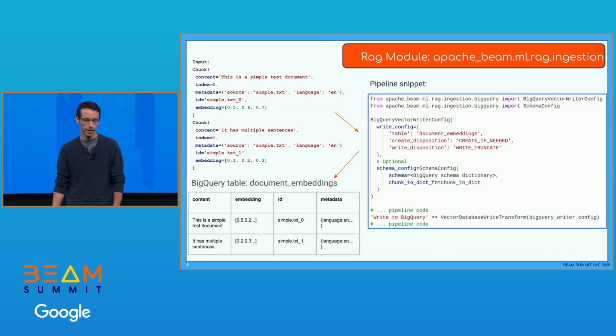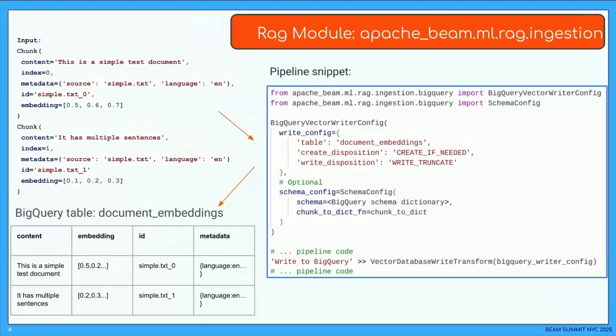Okay, so here's an example of a concrete implementation for BigQuery. We have our chunks, they have embeddings, they have some metadata like the source file and the language, and here we import the BigQuery vector writer.